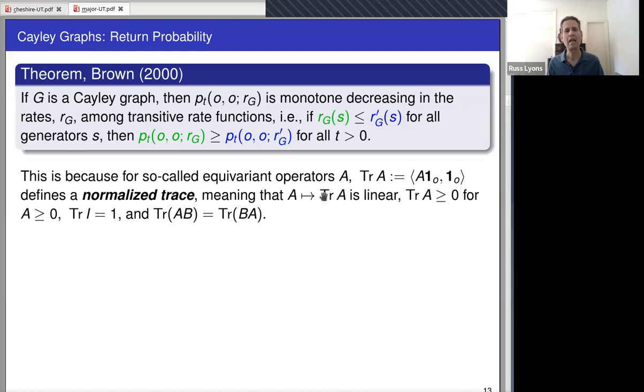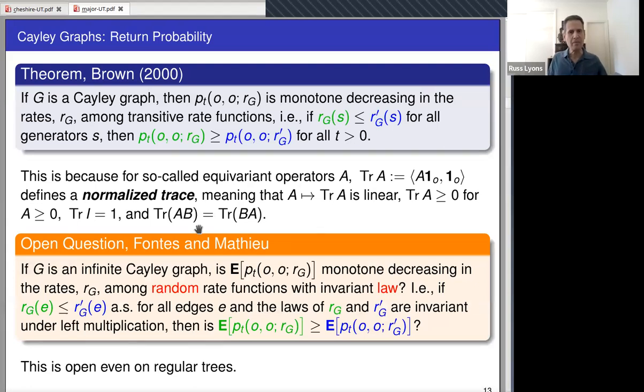It means that A maps to the normalized trace of A, which is a linear function of A. The trace of A is non-negative when A is positive semi-definite. The trace of the identity is 1. And the crucial property: trace of AB is trace of BA. Given this, it turns out you can imitate the same proof as before and get this result. Of course, you have to establish this is a normalized trace. Turns out to be easy.